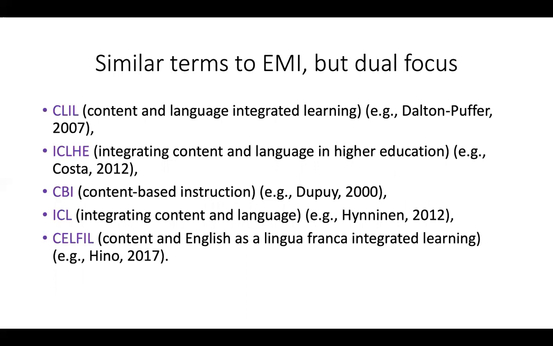And a new term, I think developed by Hino in 2017, is CELFIL, Content and English as a Lingua Franca Integrated Learning, as Hino believes that there are different types of Englishes, for example, Japanese English, Iranian English, and other countries' English, and we can have a lot of benefits by using those diversified types of English in our EMI or CLIL classrooms.